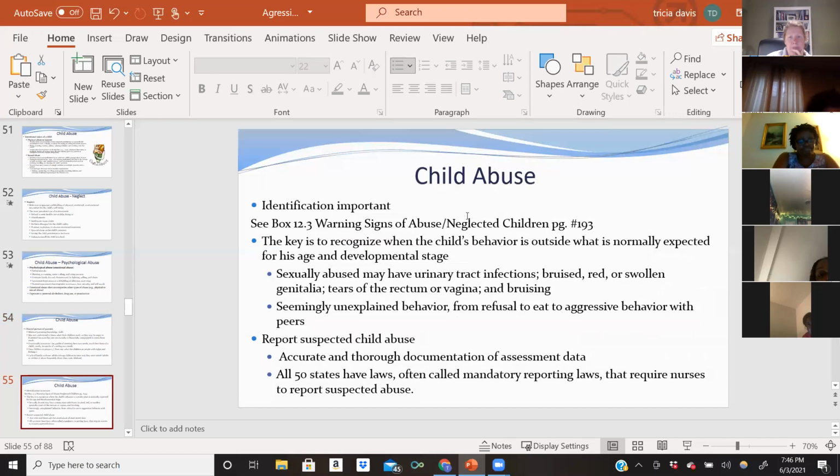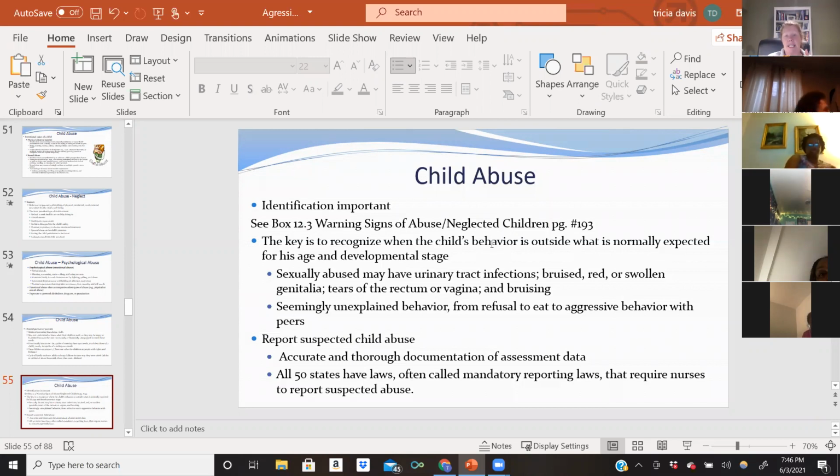Okay. So we have to be able to recognize suspected child abuse, depending on what setting we work in. There are different warning signs on page 193, box 12.3 in your book. We want to be able to recognize when a child's behavior is outside of what we would consider normal for that age or their developmental stage.